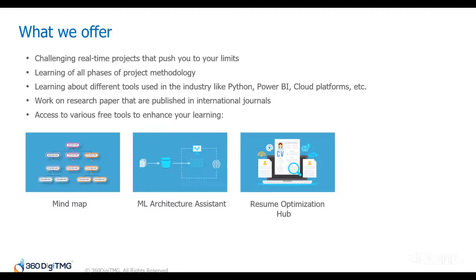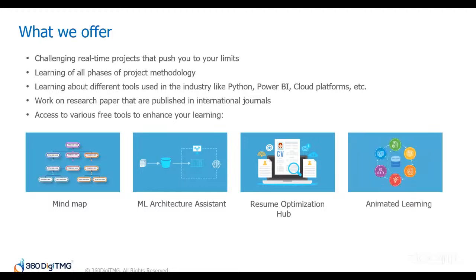So we provide the resume optimization hub, where you can upload your resume and check how relevant it is to the job description. Animated learning: for multiple modules we provide animated learning as well.